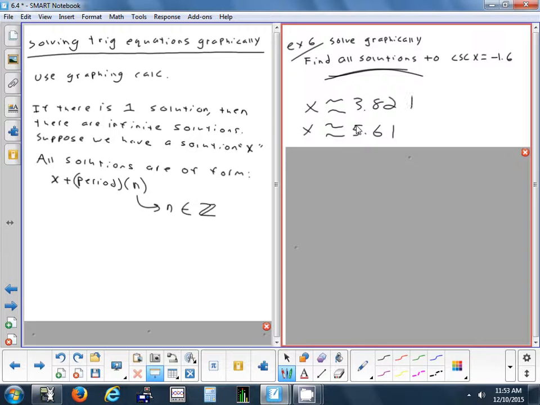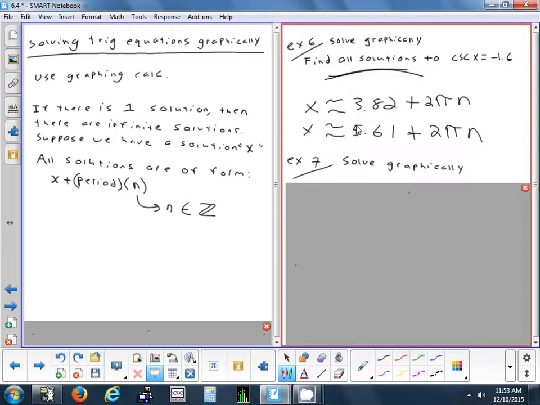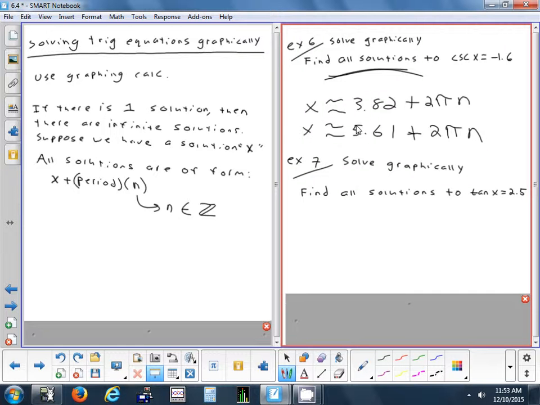Add 2 pi n. Perfect. And n could be negative, so that takes care of the subtracting. That answer is going to repeat itself every 2 pi, every period. And how about this answer? Same thing. That answer will repeat itself every 2 pi. Okay, any questions on that one?